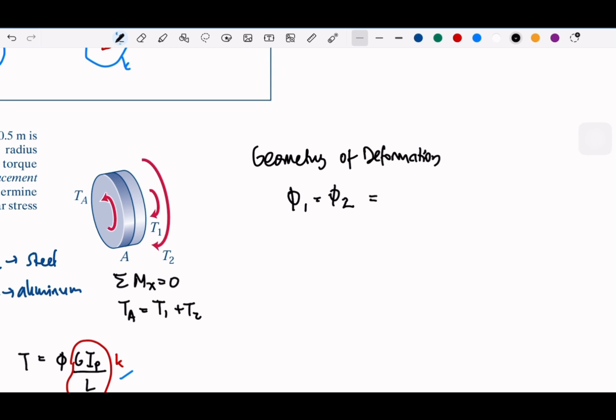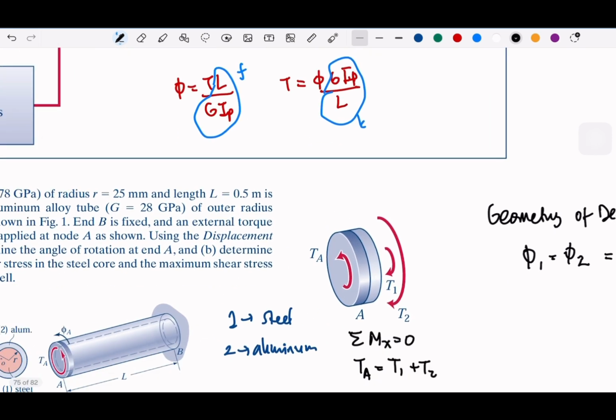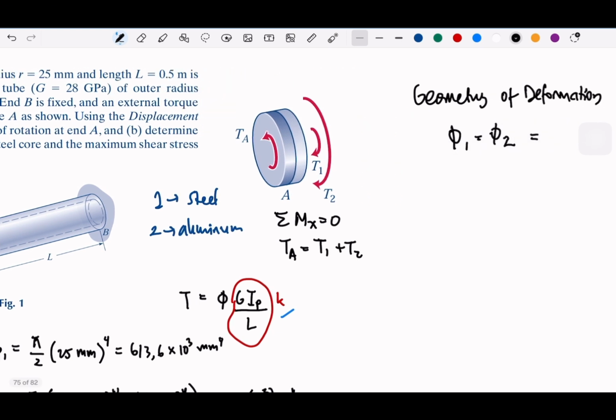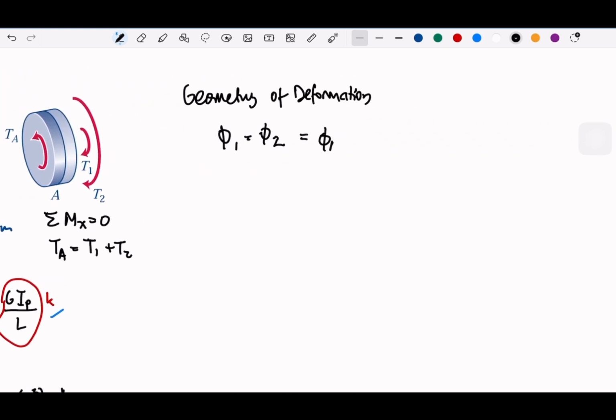It will be basically the twist at A minus the twist at B. Since the twist at B will be 0 because it is attached to the wall, then twist 1 is equal to twist A, and twist 2 is also the same.